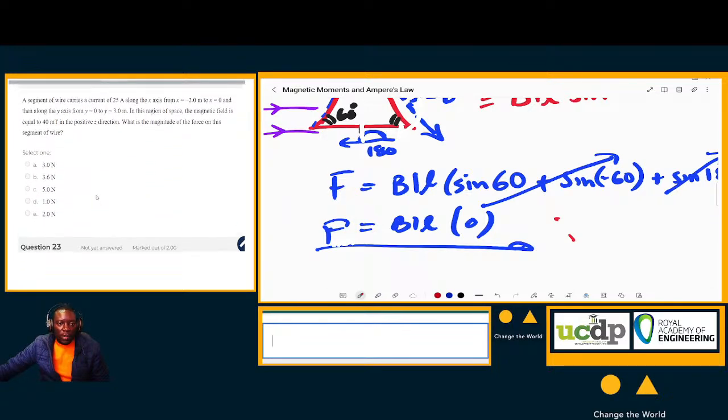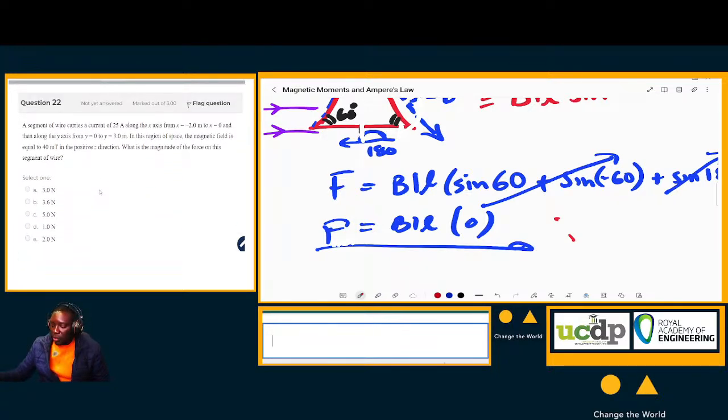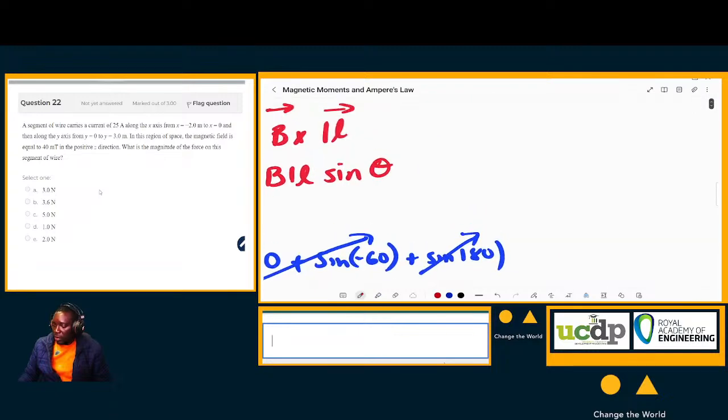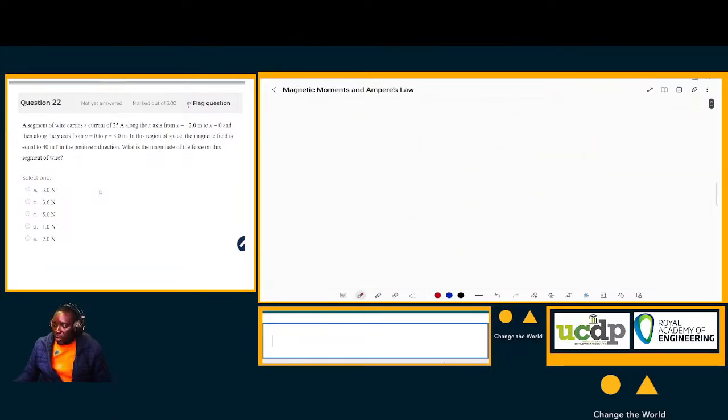Then the question that follows is question 22. A segment of wire carries a current of 25 amps. So we just write our data there. It is 25 amps along the x-axis from x equals -2 to x equals 0, and along the y-axis from y equals 0 to y equals 3.